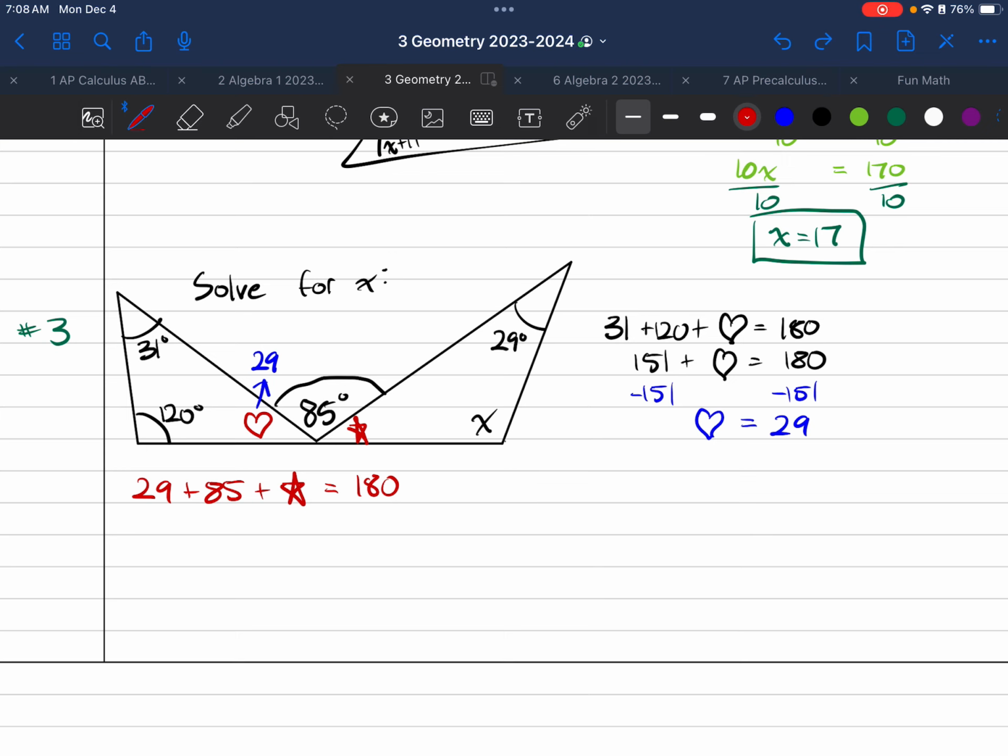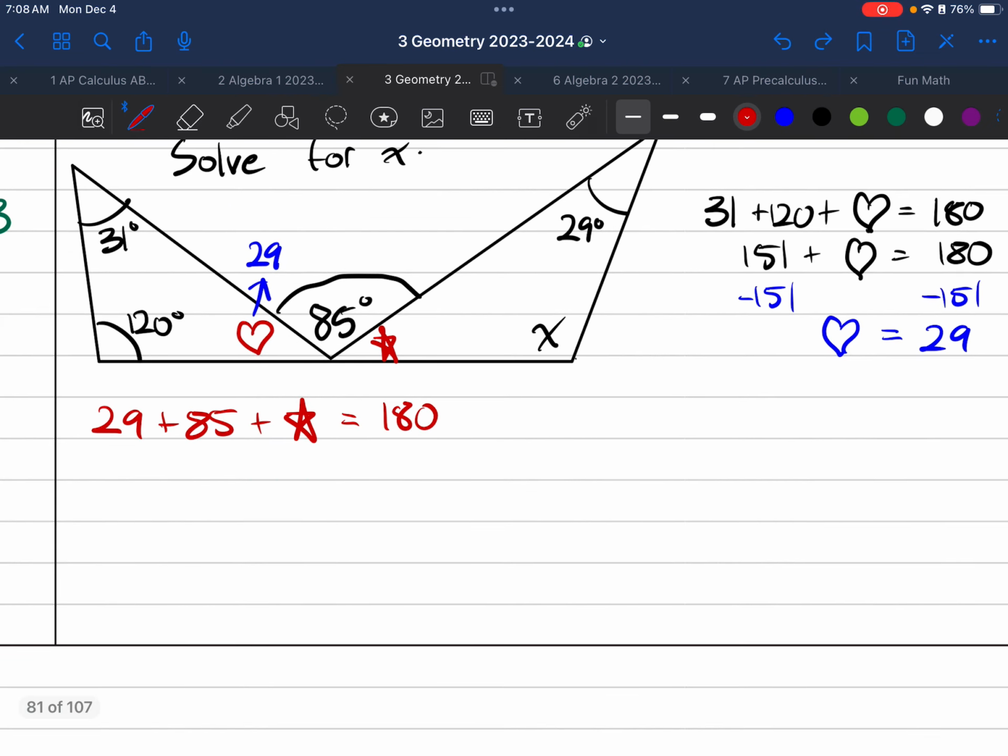Don't put the degree symbol because it'll mess me up. Adding some numbers together, 85 plus 29 is basically 30 plus 85, so 3 plus 8 is 11. So I'm thinking this is 114, I'm hoping. Plus star is equal to 180.